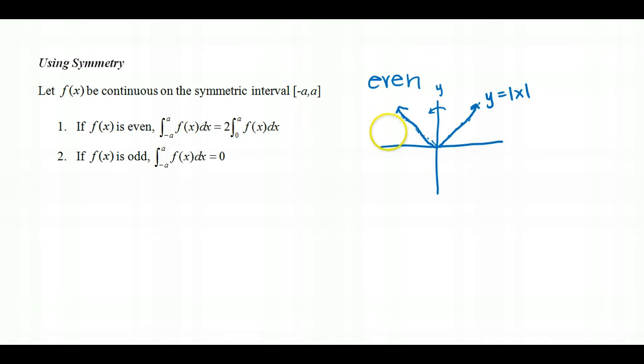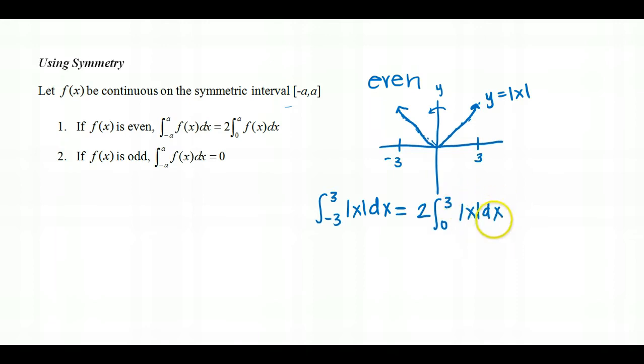Now, if I were interested in, let's say, the integral of this absolute value function from negative 3 to 3, so it's that symmetric interval. So if I'm interested in the integral from negative 3 to 3 of the absolute value of x dx, this symmetric property tells me I can instead write this as 2 times the integral from 0 to 3 of the absolute value of x dx.